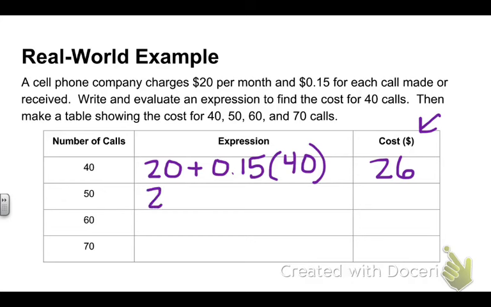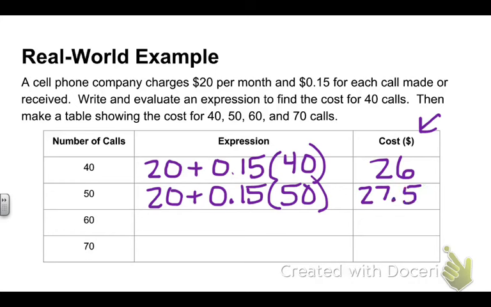I'm going to take 20 plus my 15 cents per call, and in this case it's 50 calls. Multiplication comes before addition, so 15 cents times 50 is $7.50 plus the $20, so it's going to give me $27.50.